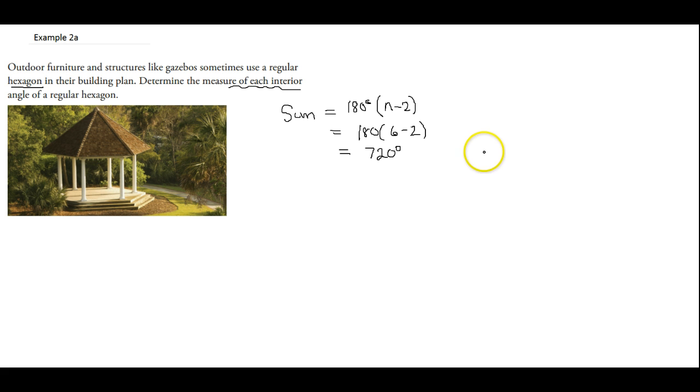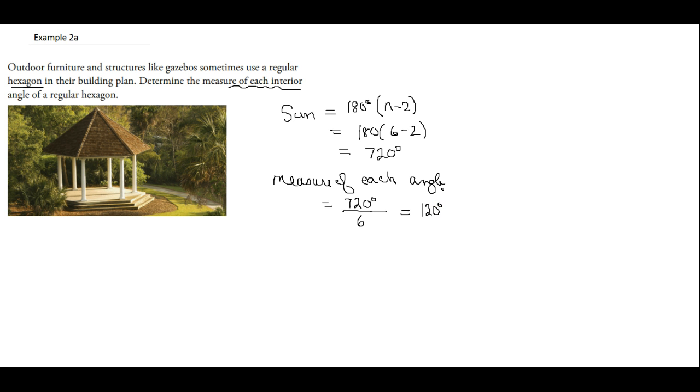Remember that in a hexagon, that's 6 sides, there's going to be 6 angles. So to find the measure of each angle, we take the sum of 720 and divide it by 6, and that gives us 120 degrees.